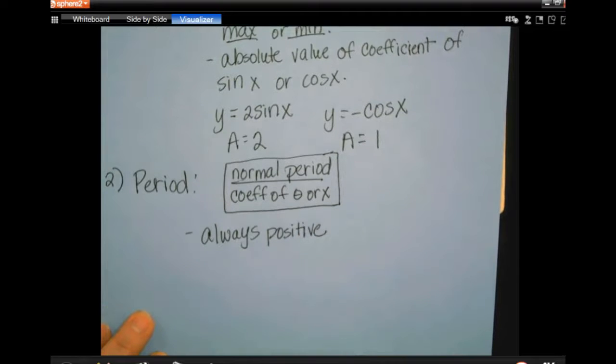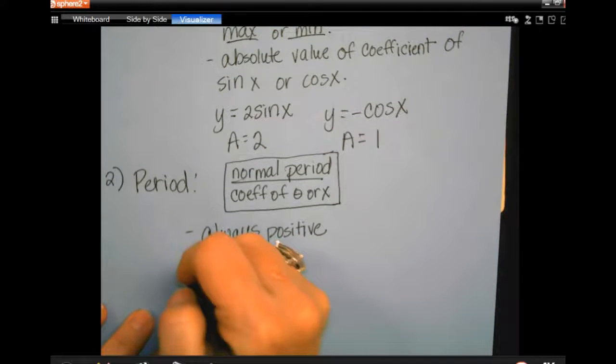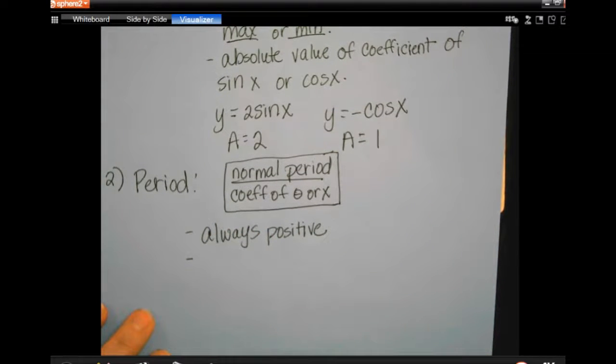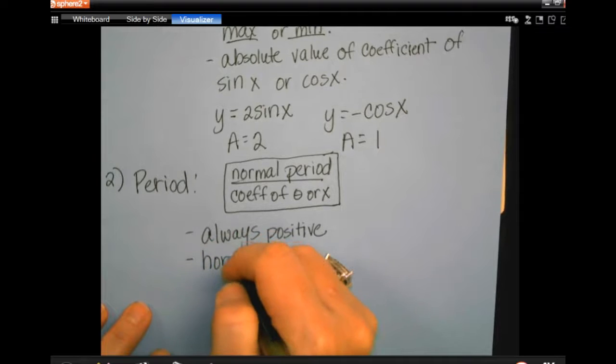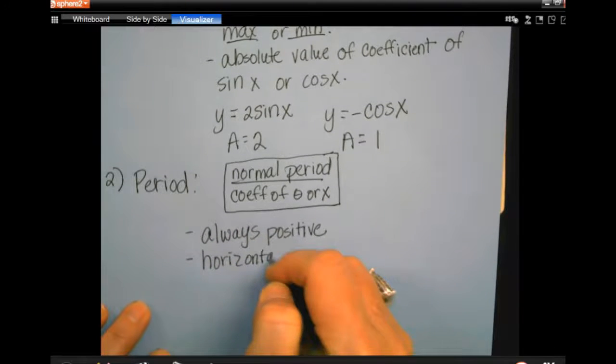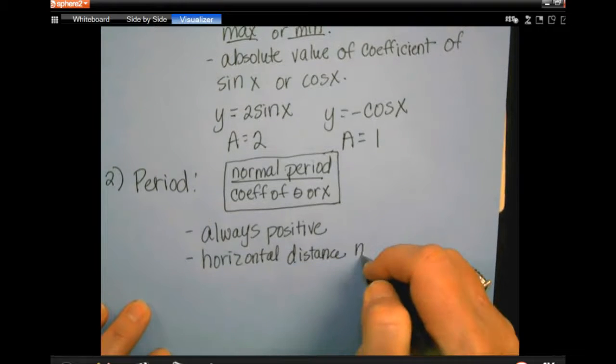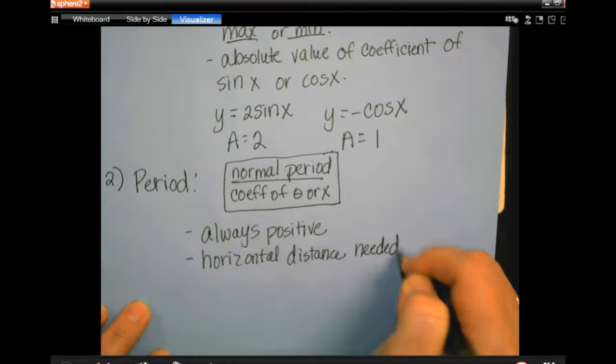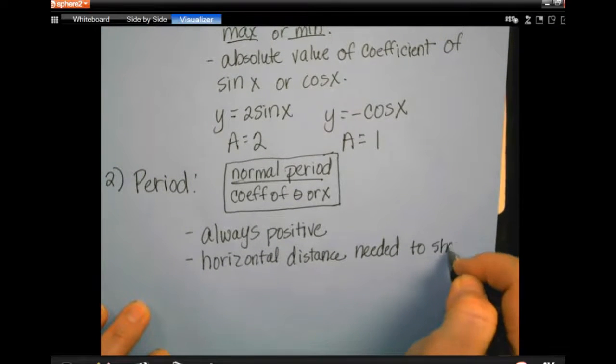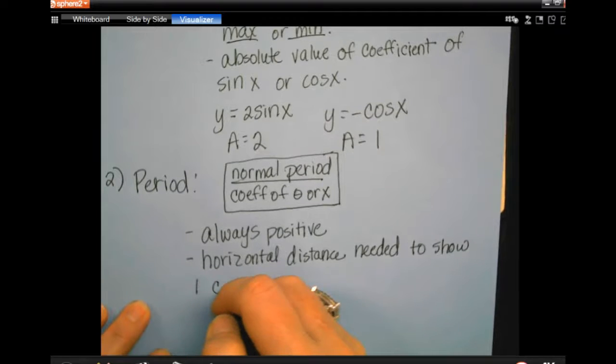What else is always positive? Amplitude. And what the period actually is, it's the horizontal distance needed to show one cycle of a graph.